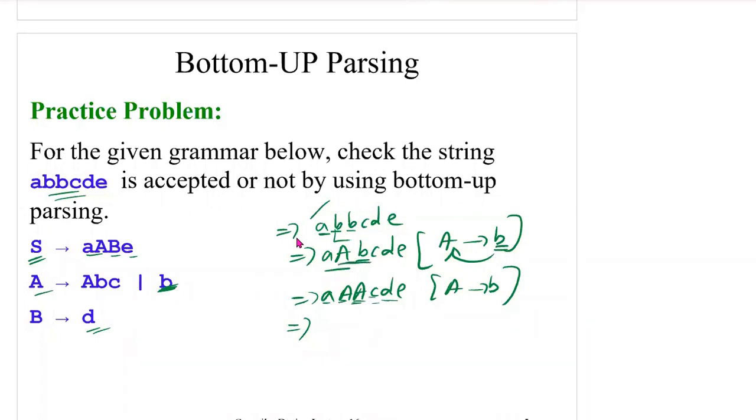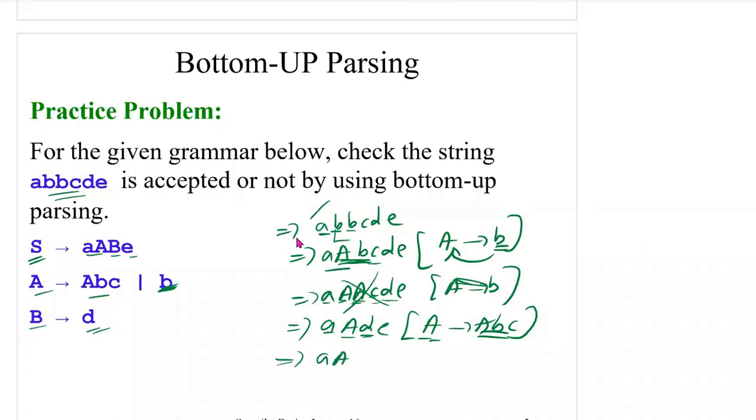ABC: variable A, terminal B, terminal C. We have the substitution A. So now here we can substitute, this becomes A, now capital A, D, E. Here, what is the substitution we used? A derives ABC. Now, in place of ABC, A is substituted. Now what do we have? A, now D. For D, you can substitute B here. Now this becomes A, and D becomes B, E.